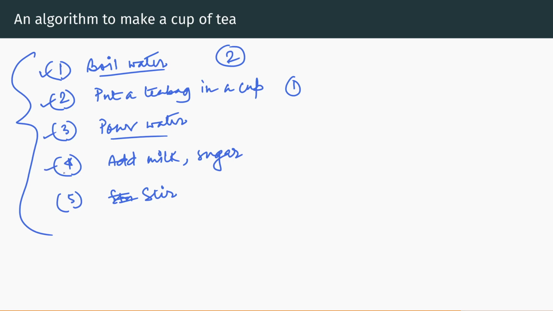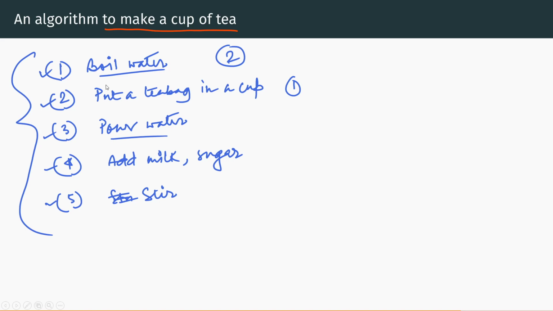Adding milk and sugar is an operation. Stirring is an operation, right? So once you have a sequence of operations, then you have an algorithm. And this algorithm solves a particular problem, which is to make a cup of tea. That is the algorithm to make a cup of tea, right?